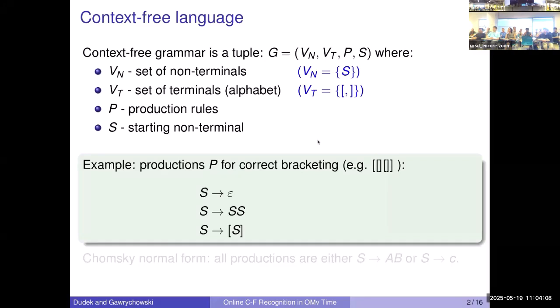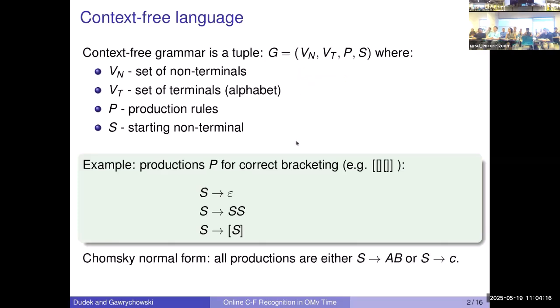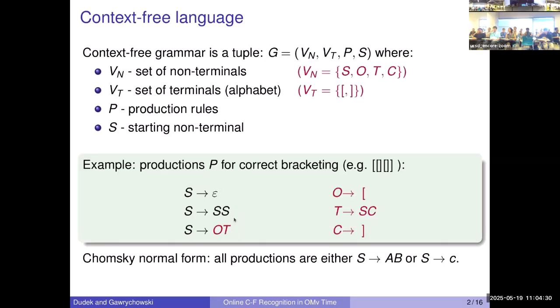This is the general definition, and it's not that easy to work with, so we use the so-called Chomsky normal form, in which we have the additional constraint that all productions are either two non-terminals or a single terminal. This bracketing grammar is not of this form, but we can change it by adding some auxiliary non-terminals.